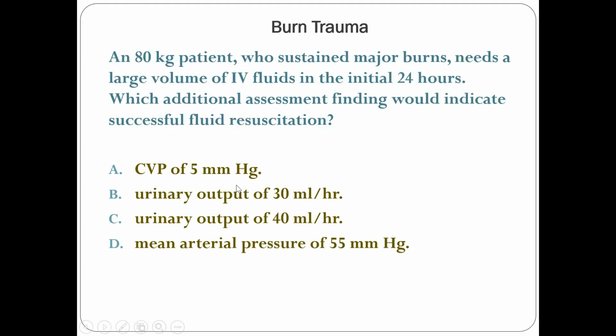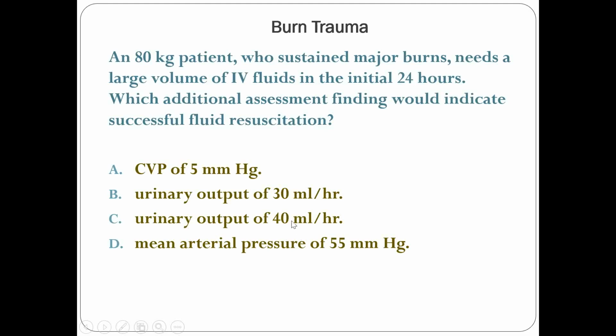But per the Kidney Foundation, it is 0.5 to 1 mil per kilogram. Could this be 60 mils per hour? Sure. It can be anything over half a mil per kilogram, even greater than 1 mil per kilogram. If your patient was putting out 80 mils per hour, you would say, that patient's doing great. So it has to be a minimum of 0.5 mils per kg per hour.